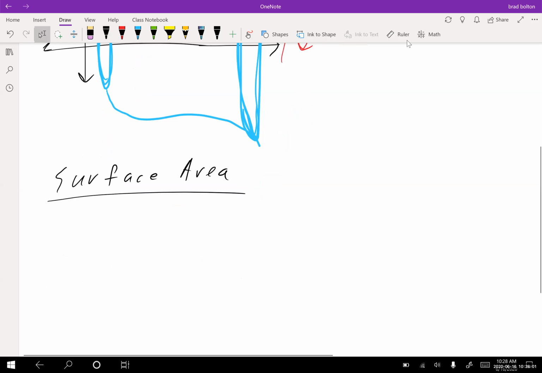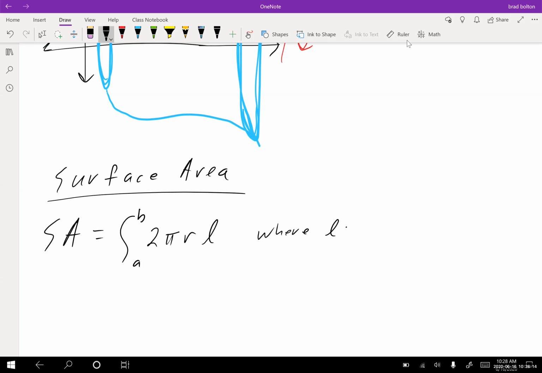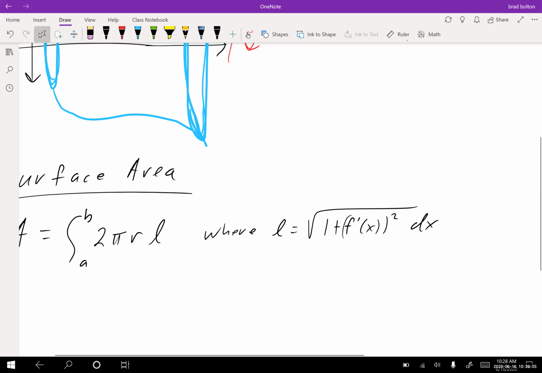And that is going to be surface area of the whole shape will be equal to the integral from a to b of 2 pi r times L, right? And in this case, L is equal to the square root of 1 plus f prime of x squared dx, depending on the axis of rotation.